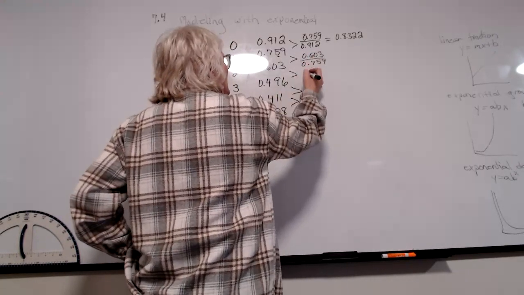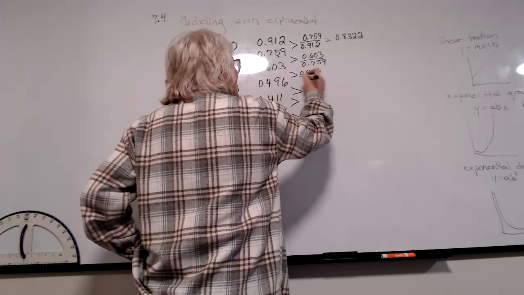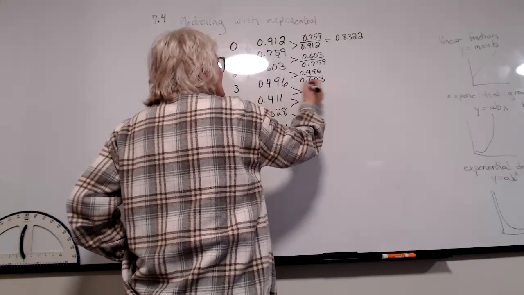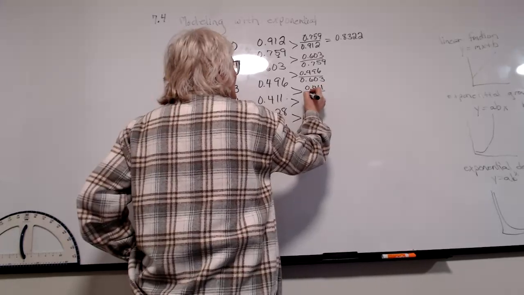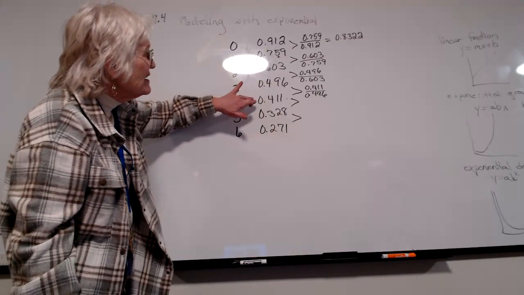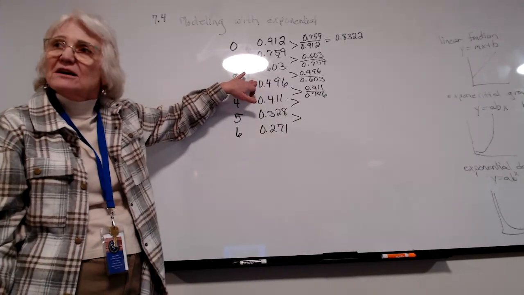The next one's going to be 0.496 divided by 0.603. Then 0.411 divided by 0.496. So each time I'm just taking the next one, dividing it by the previous one, because it's a decline.